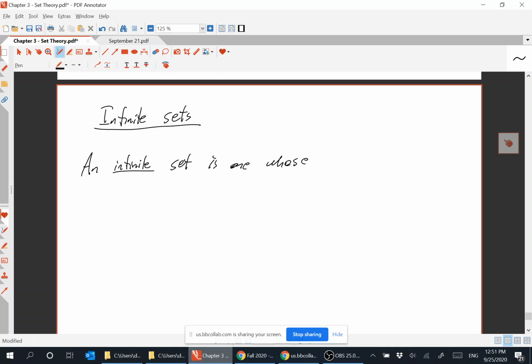So an infinite set is one whose cardinality is not finite. So one where you can't attach a finite number to the number of elements in the set.